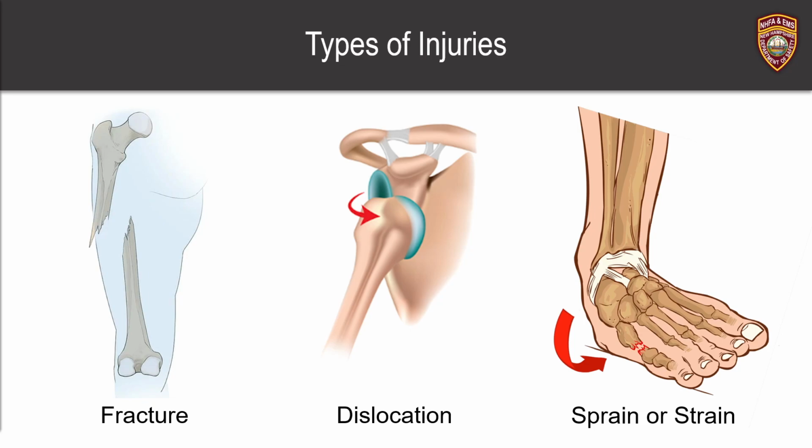And when this happens, you can pinch off blood vessels, you can stretch out nerves, and this is very, very painful. And if it's out of position long enough, you can pinch off those blood vessels, or you can cut off those nerves enough to have a long-term disability.